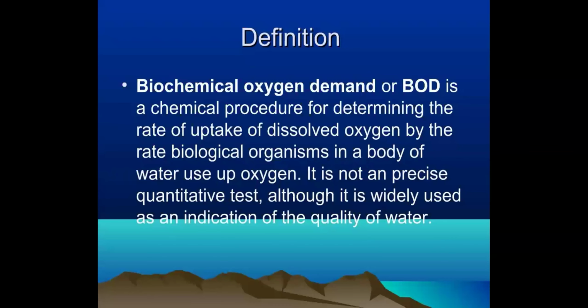Biological oxygen demand is a chemical procedure for determining the rate of uptake of dissolved oxygen by biological organisms in a body of water. It is not a precise quantitative test, although it is widely used as an indication of the quality of water.